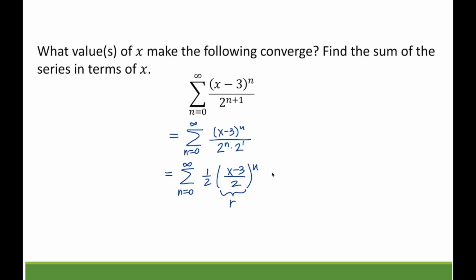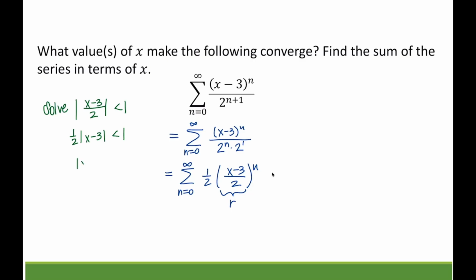So what I'm going to need to do to find all the values of x that make this geometric series converge is solve when the absolute value of r, which is (x minus 3) over 2, is less than 1. What I can do on this one is pull the 1/2 out of the absolute value bars and then multiply by 2.